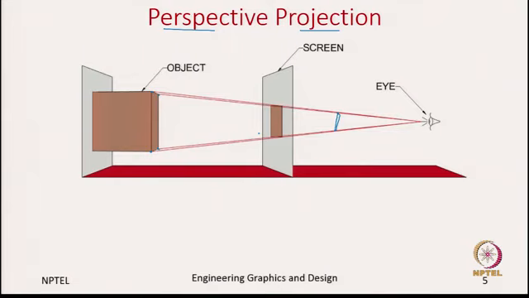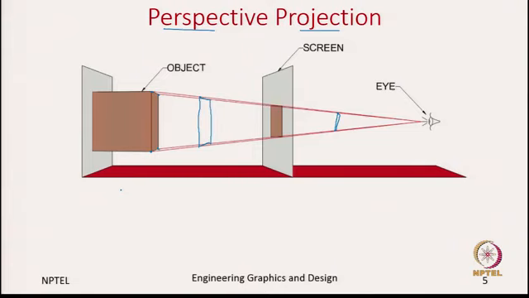When you move the projection plane closer to the object, you notice that the size of this square increases. Which means you need to define where you are placing this projection plane. You cannot randomly pick the location of the projection plane. One needs to specify how far it is from the observer or how far it is from the object.